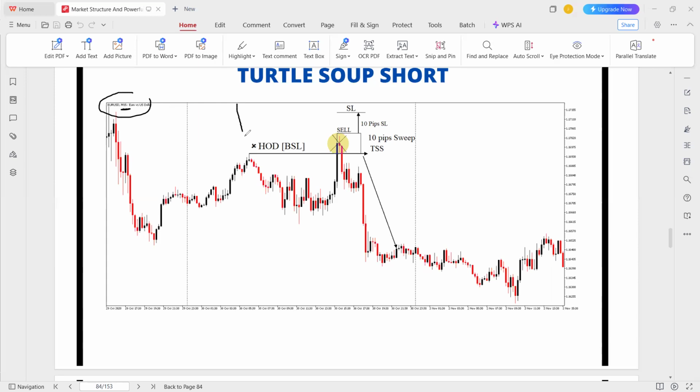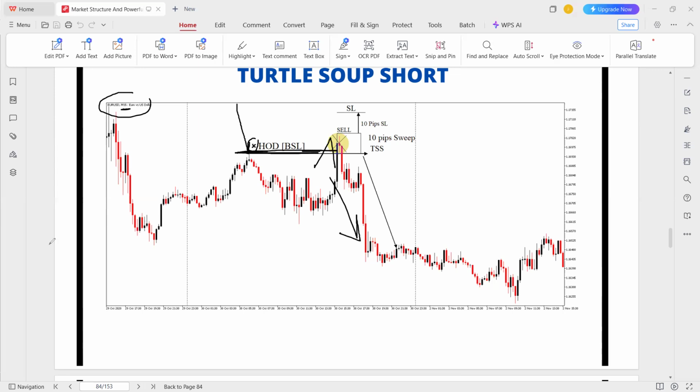So here we had the high of the day, which is that X highlighted above. So this is a buy side liquidity area, right? If price comes and just takes out that liquidity, it means we are simply looking for sells. Of course you need to do your top-down analysis to get an advantage and to know the bias for the day. As long as you know the bias for the day, your trading becomes a little bit more understandable.